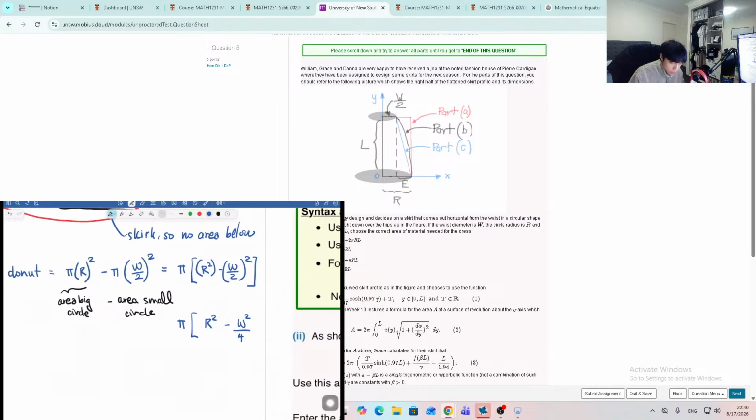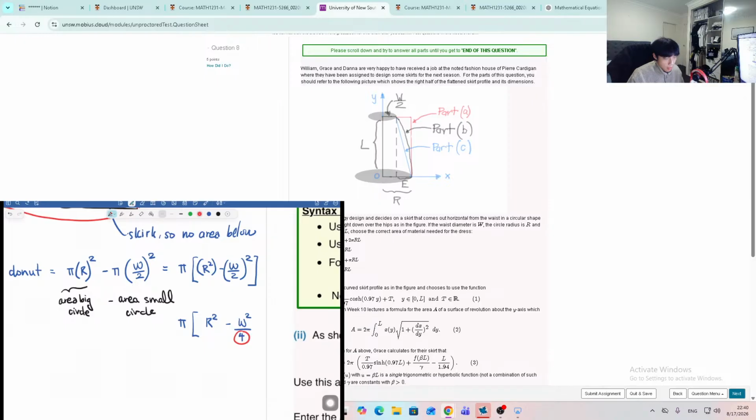And so if they want to factor this out, they need to multiply everything by, we're gonna do pi on 4. Why is it 2 pi?